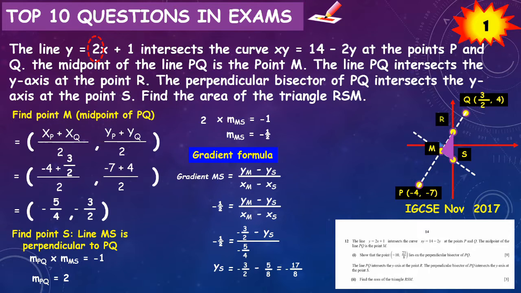Since point R is on the y-axis, the x value is 0. So we substitute 0 into the equation y equals 2x plus 1 to obtain the y coordinate of R.